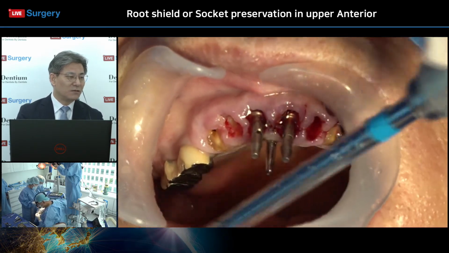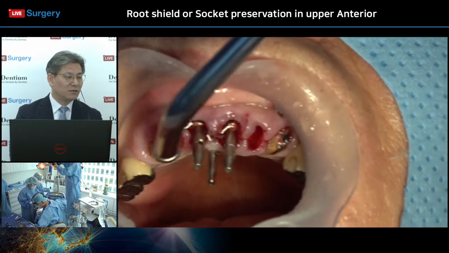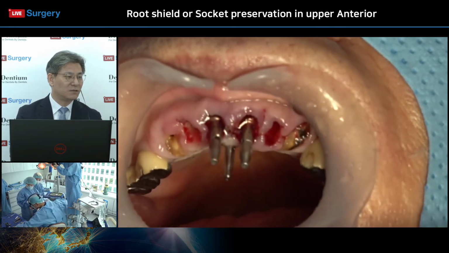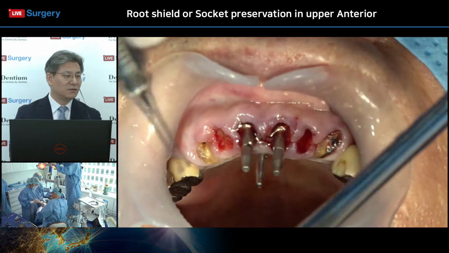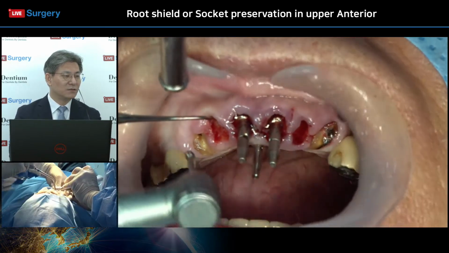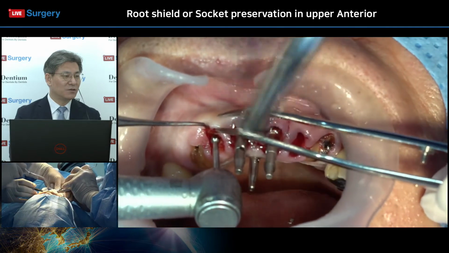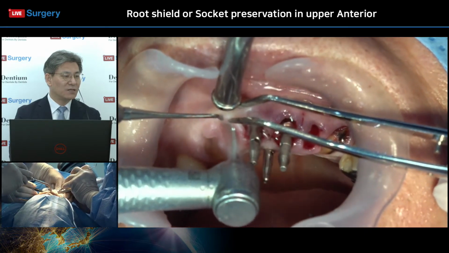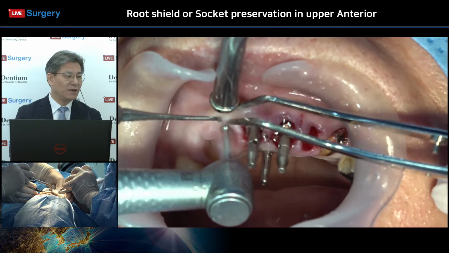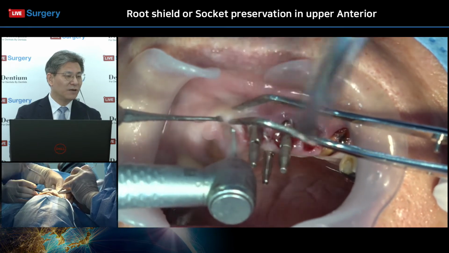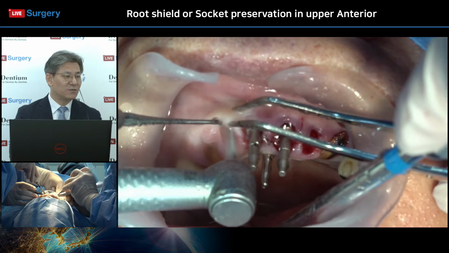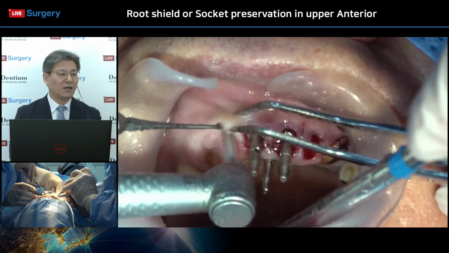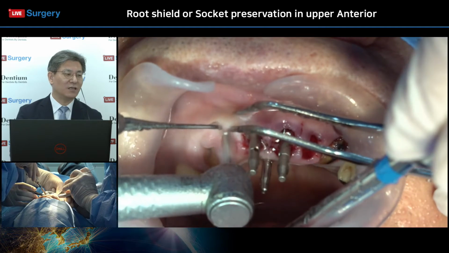For the efficiency of the cutting, he changed to a round bar. And then after the retraction, okay, using the round bar, slightly reflecting the flap and removing the remnant of the root shield. Looks like here. This procedure is a key for the socket shield technique, right?